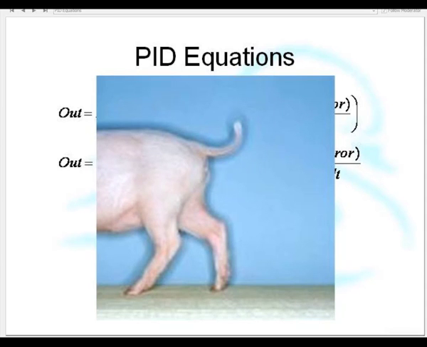And they tried that on their control systems. The only problem with that was it didn't work very well. It didn't control very well. So, all of the manufacturers then decided to go their own way.